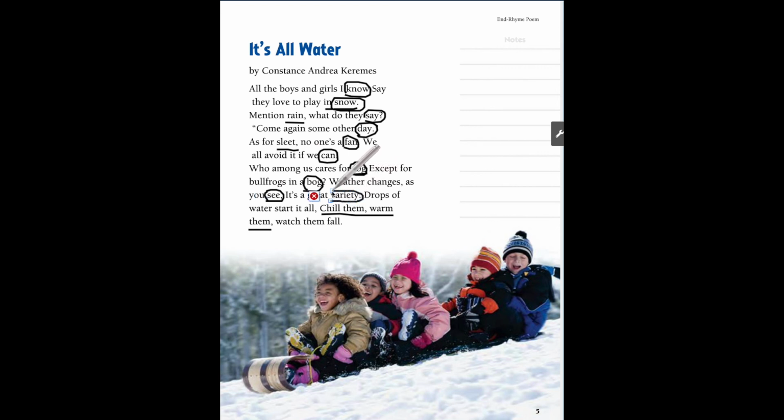We have see and variety, and this EE is going to make our long E sound, right? And then we also know that Y at the end of a word often sounds like a long E as well. And so that's why these two work, see and variety, because they both make that long E sound even though they're spelled differently. Drops of water, start it all, chill them, warm them, watch them fall.